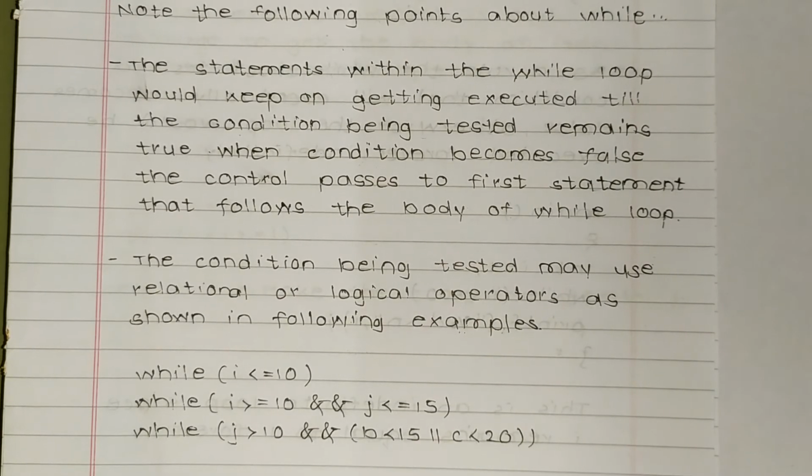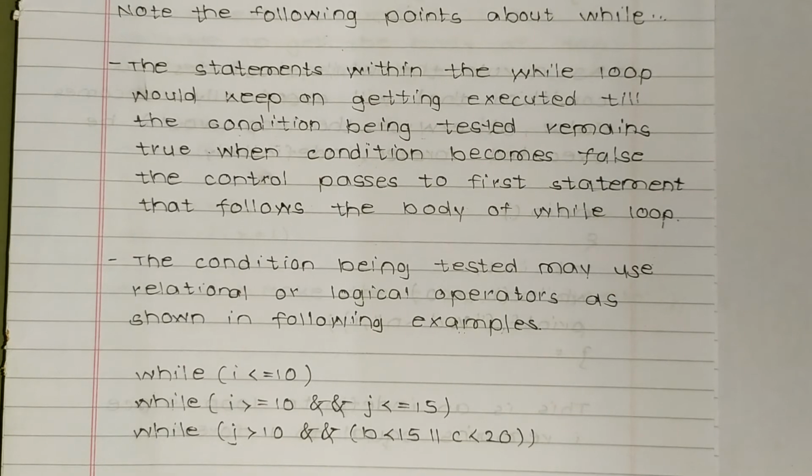Note the following points about the while loop. The statements within the while loop would keep on getting executed till the condition being tested remains true. When the condition becomes false, the control passes to the first statement that follows the body of the while loop. That means statements within the while loop are repeated until the condition being tested, up to 3, 4, or 5 times, remains true.